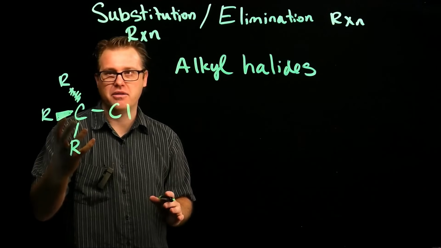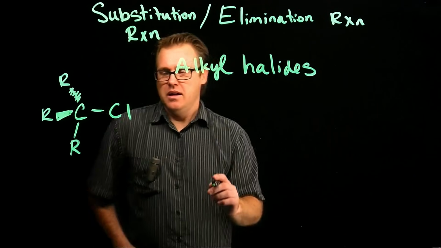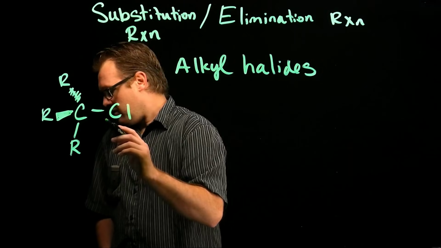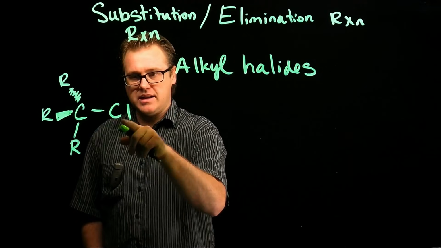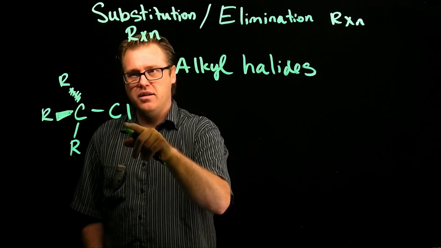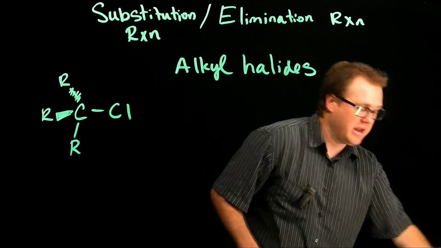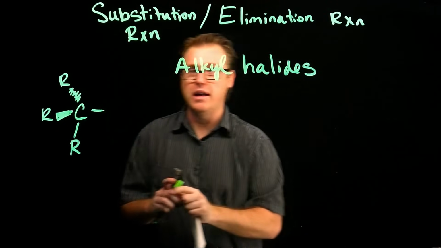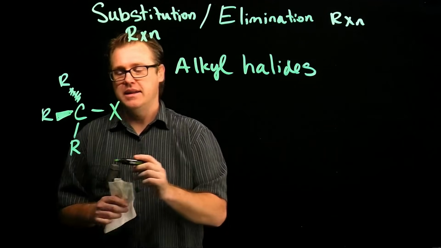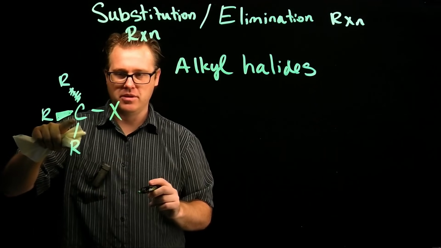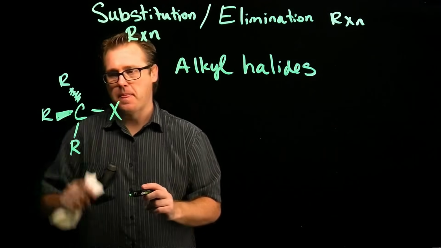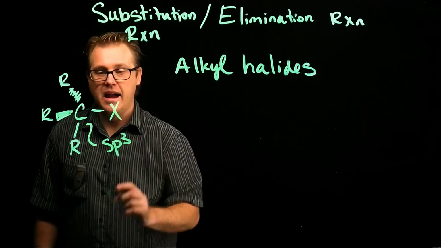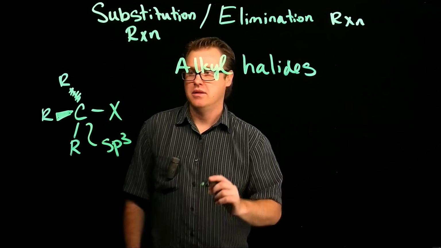We just have an alkyl halide. Now this halogen right here, which could be represented by X because we want to incorporate all alkyl halides, is attached to what type of carbon? Okay, that is an sp3 hybridized carbon.